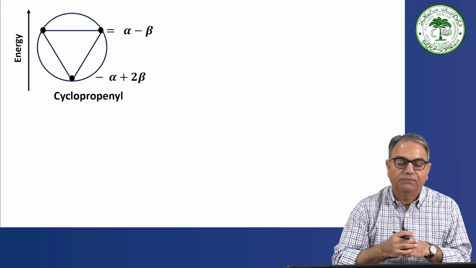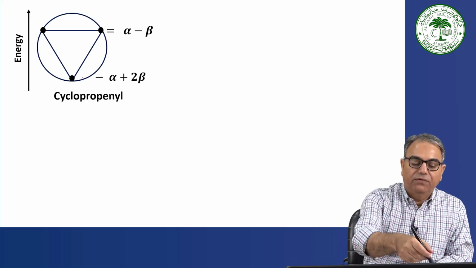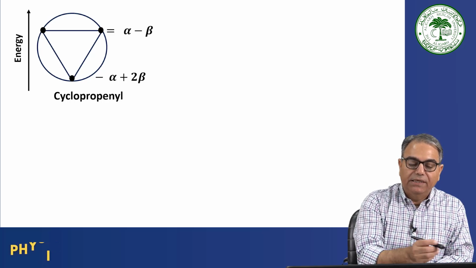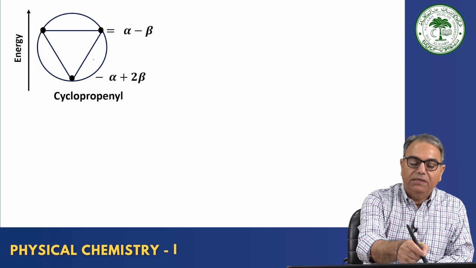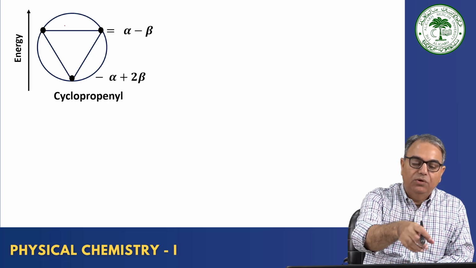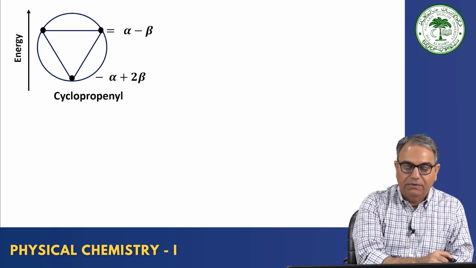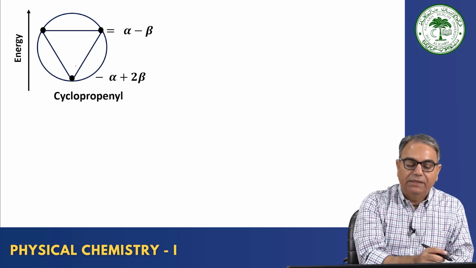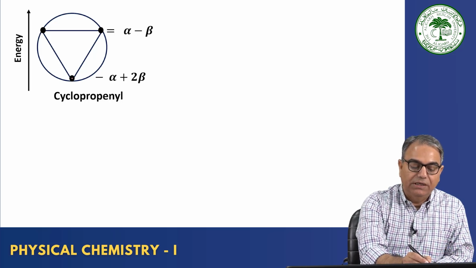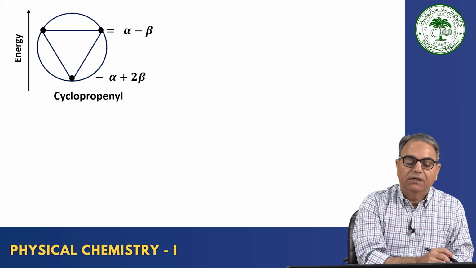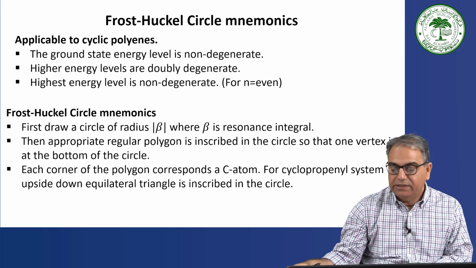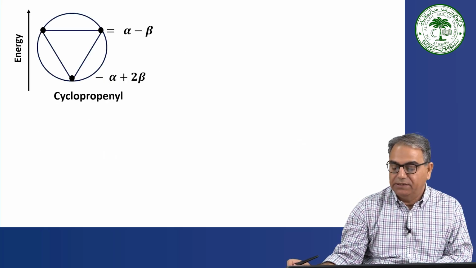This circle is of radius beta, and you inscribe an equilateral triangle, just upside down, because each of these vertices indicates one of the carbon atoms. This is the Frost-Haskell diagram for the cyclopropenyl system.